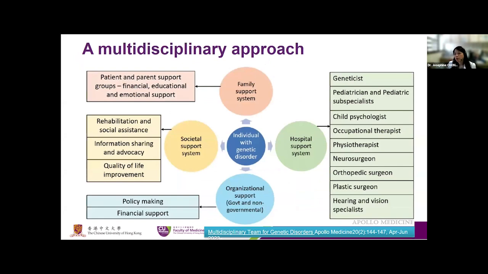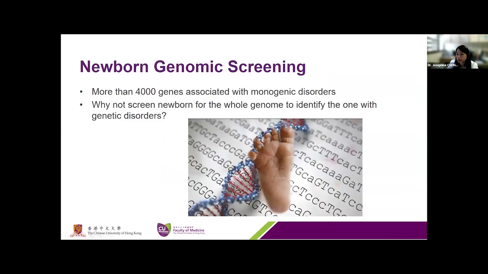So the way from newborn metabolic screening to newborn genetic screening may need a lot of different planning and collaborations between not just those parties that I've mentioned just now, and also we need to have the policy support and also the position statement from different experts, and most importantly the general population, that they understand about those important genetic materials.